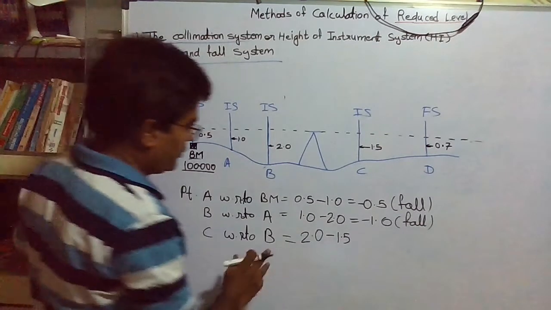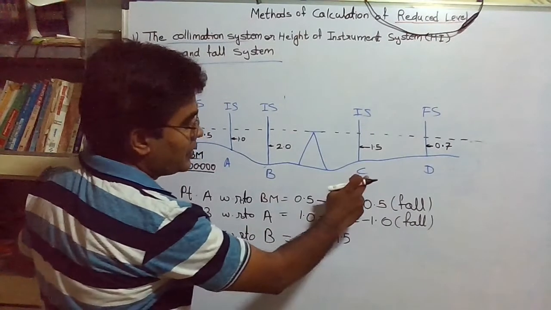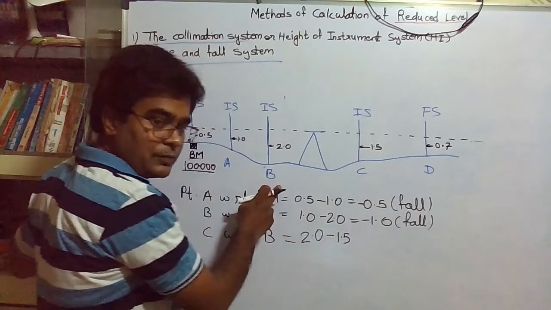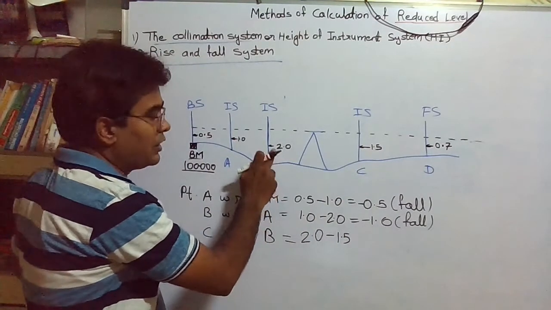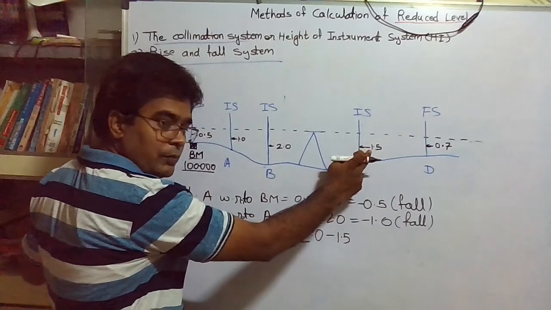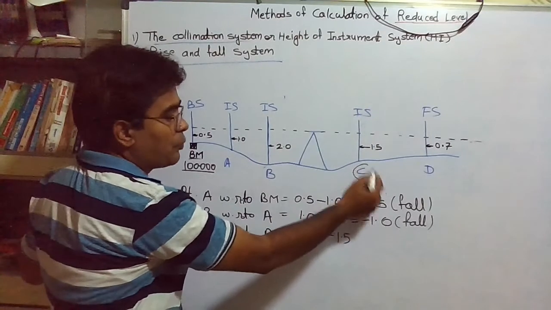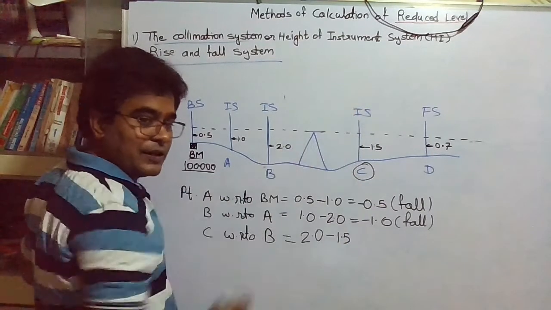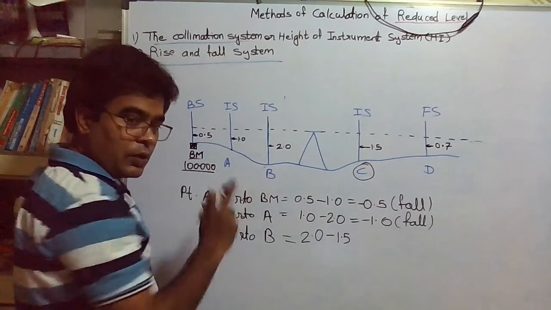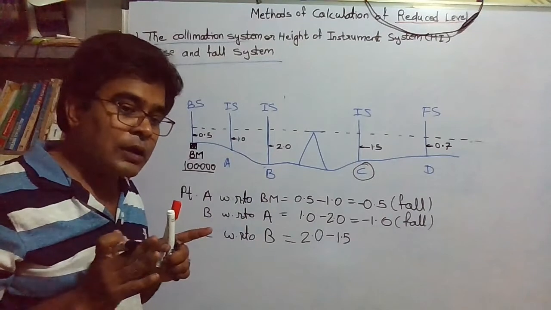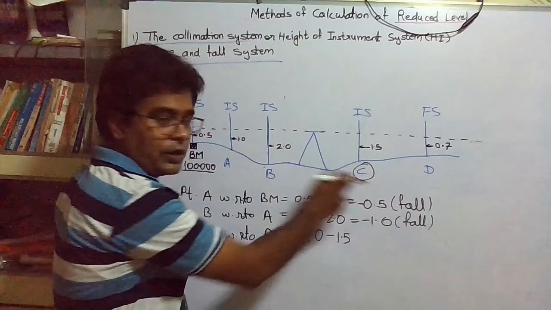The preceding point here is B and the forward point is C. Reading at B is 2 and at C is 1.5, so the reading is decreasing at the forward staff, which means there is a rise. We always compare the next point with the previous point, that is, the forward point with the previous point.